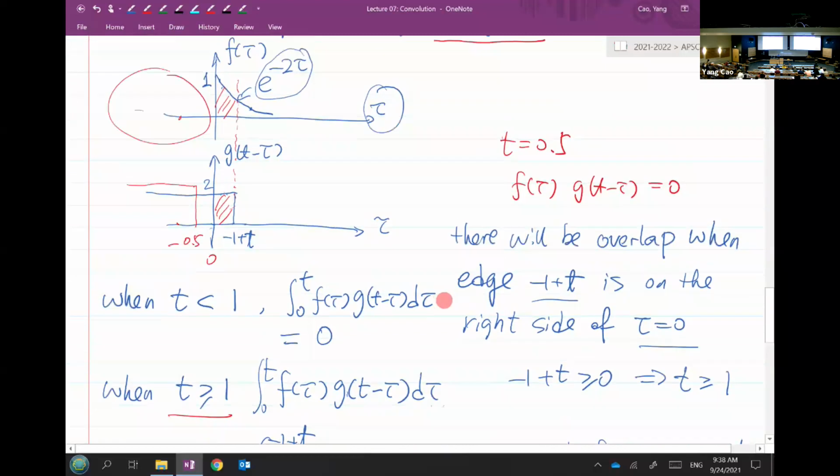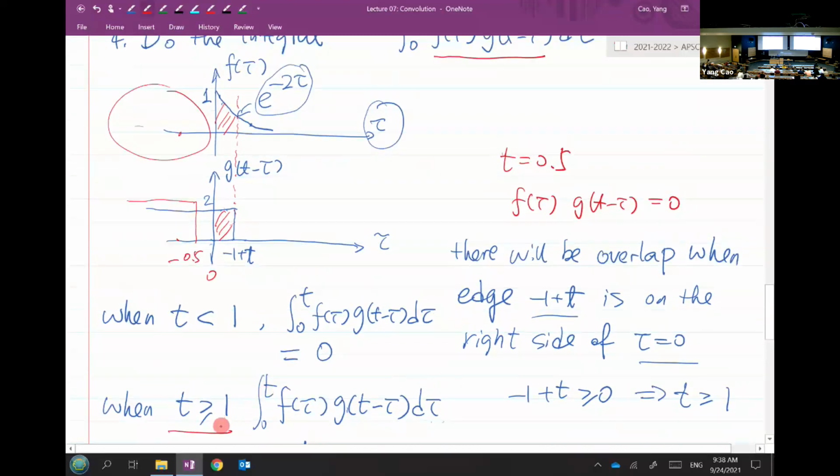In other words, you might think: could I further divide the range of t, maybe t from 1 to 2, and then 2 to something else? So in other words, will the overlap between these graphs produce different ranges of integral limits?